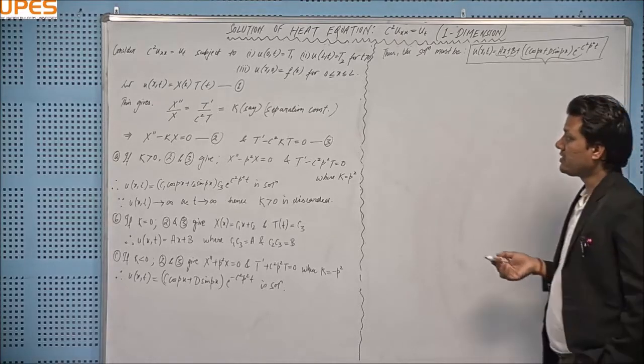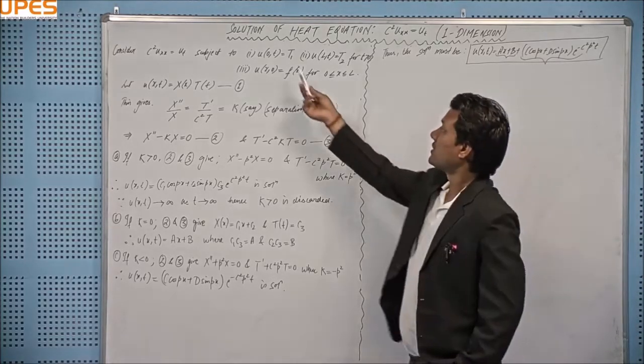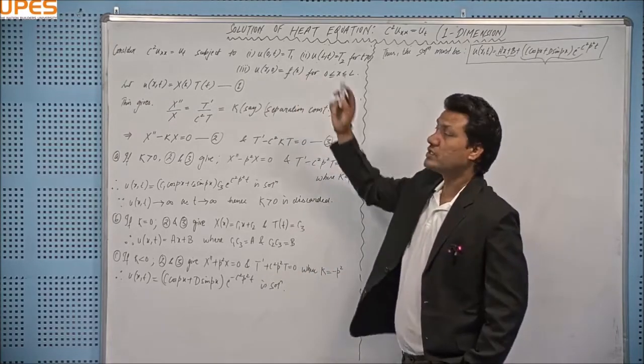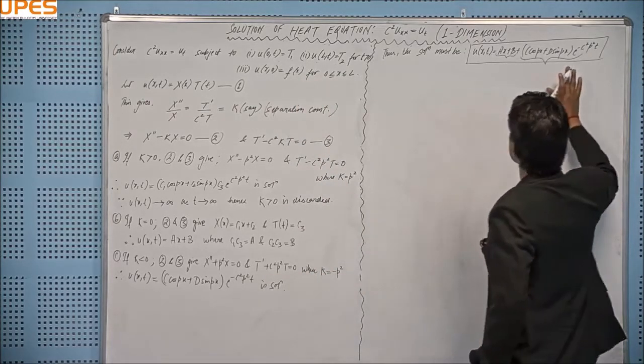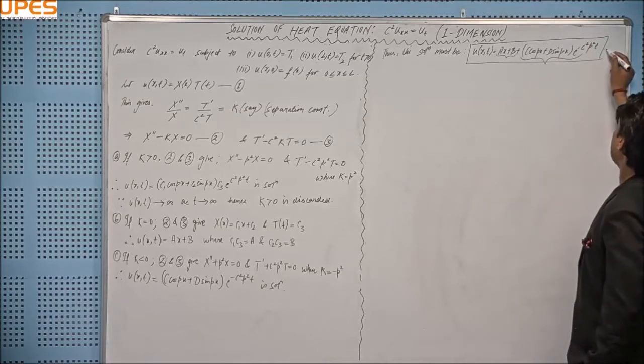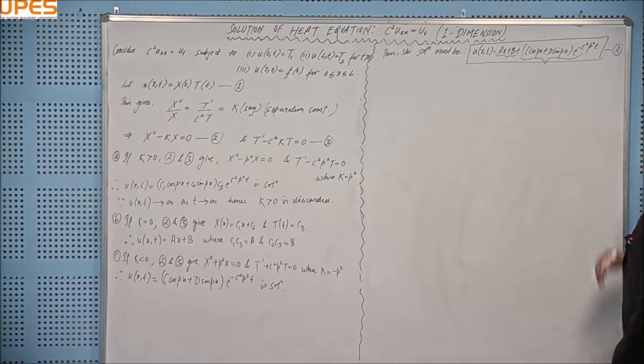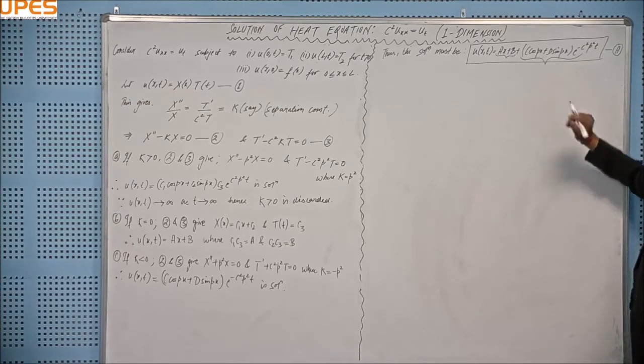Then I am going to apply these boundary conditions, first, second, and then third. Let me call this solution number A, and I am going to use this in my numericals. So you remember this solution, this is the most general solution.